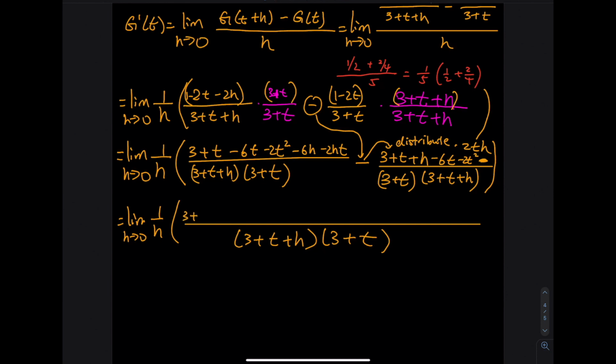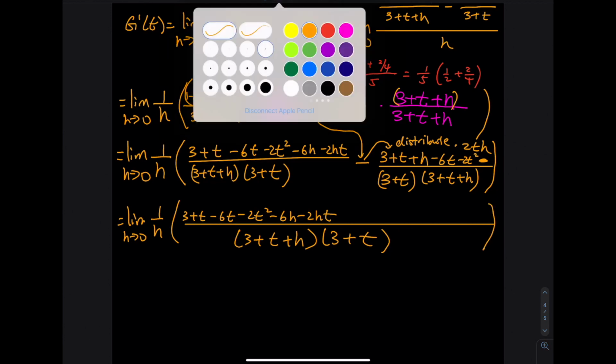So 3 plus t minus 6t minus 2t squared minus 6h minus 2ht, and then we have to distribute the minus, right? So let me make this easier to read for you. I am going to use a different color for the other one.